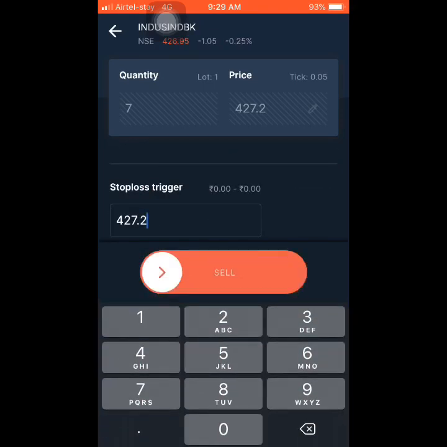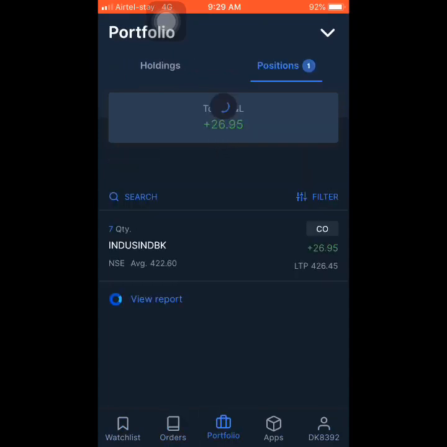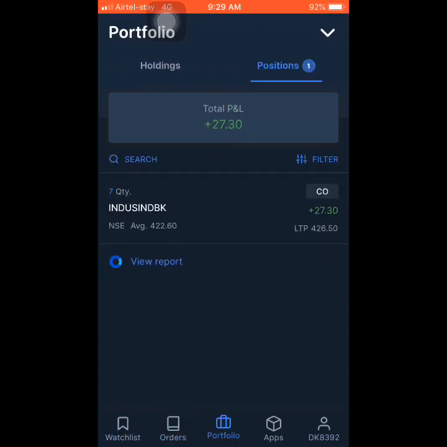Let's see, we have given 426.25 as our stop loss, and now we can exit, I think so.